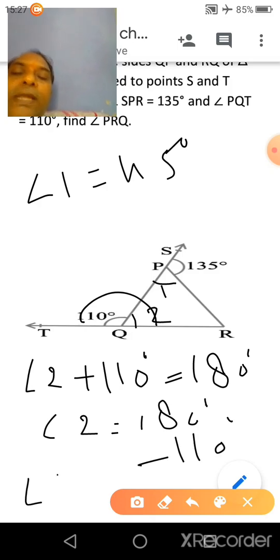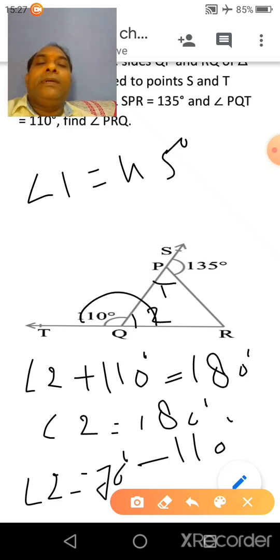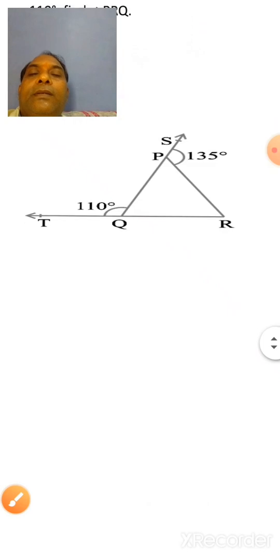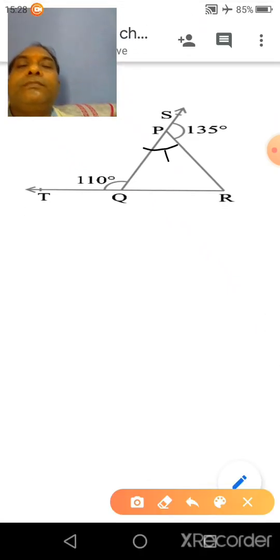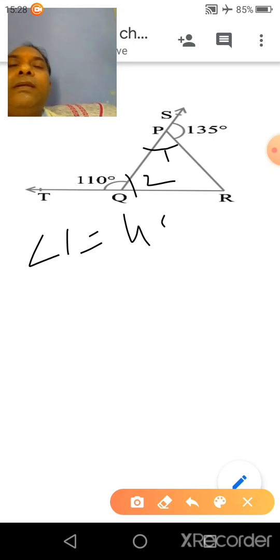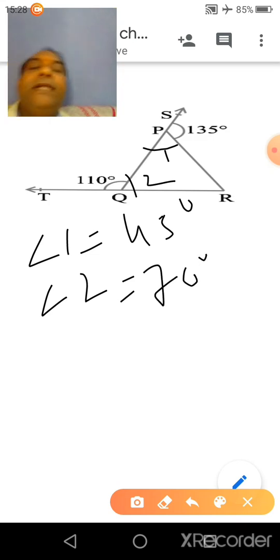So angle 2 is equal to 70 degree. Angle 1 is 45 and angle 2 is 70 degree.